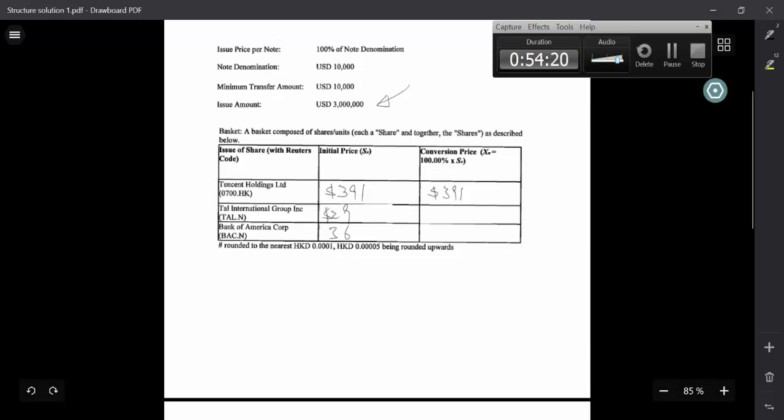Now, what you do is, in a year's time, you look at all the prices. So in 12 months, you come back and look at all the prices. So Tencent might be 452, Tao might be 31, BOA might be 38. Let's just say they are like that in 12 months' time.